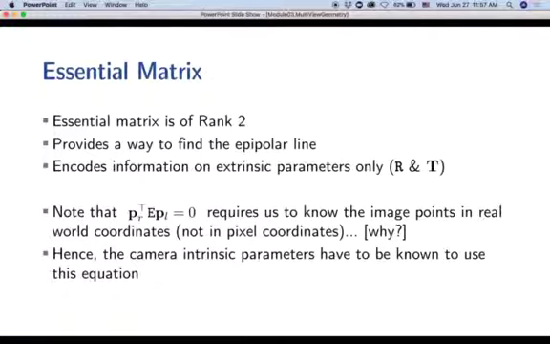I'm giving you pixels, so you'll first have to convert those pixel values into meters, and once you have done that, you can apply this equation. All right.